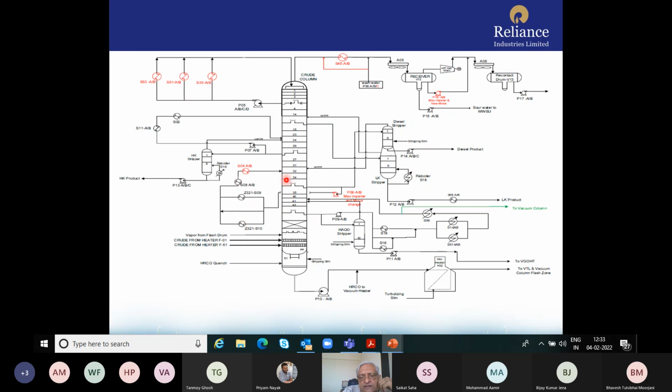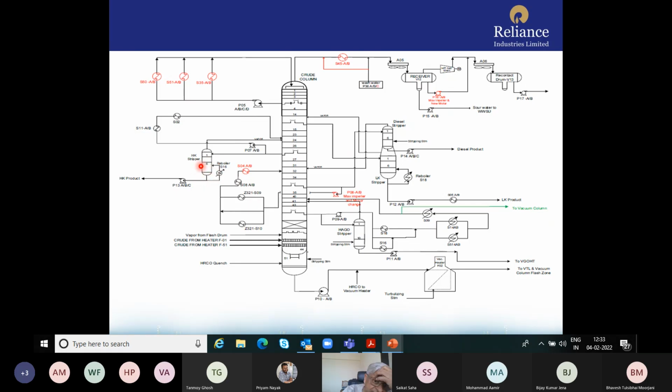Okay, so this is like 31 to 34, four trays here, two or three trays in the pump around here. Similarly, this is another pump around. Yeah, sorry, there's another. This is the light kerosene. This is the heavy kerosene withdrawal. Again, there's a reboiler.